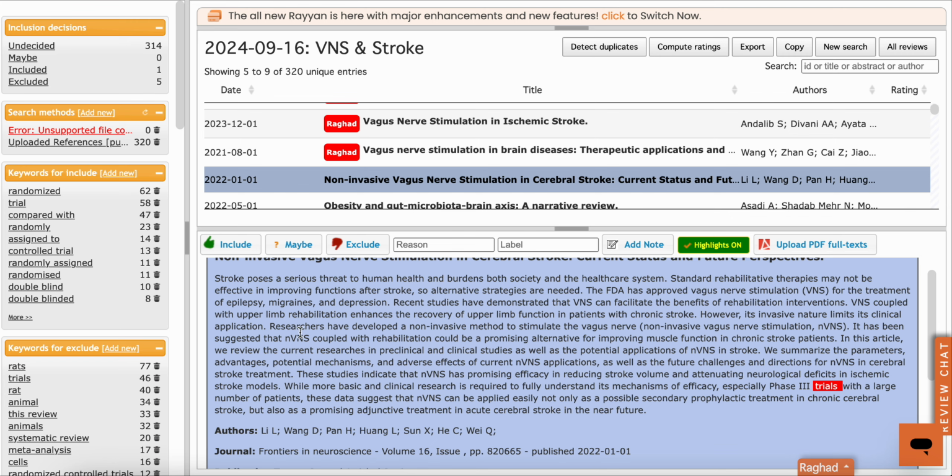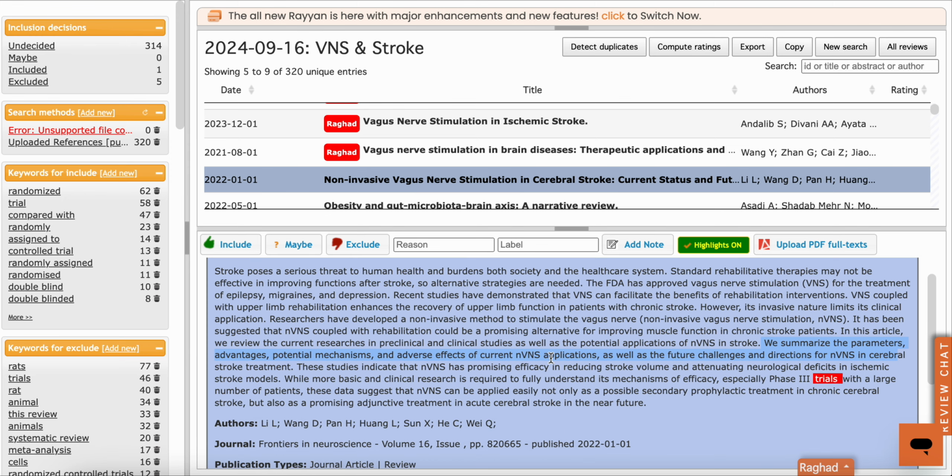It summarizes the parameters, advantages, potential mechanisms, adverse events of current non-invasive vagus nerve stimulation applications, and future challenges.